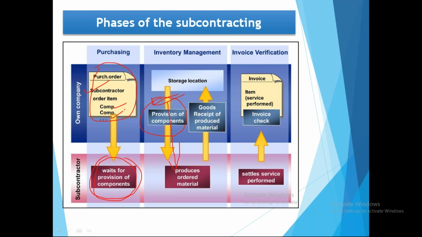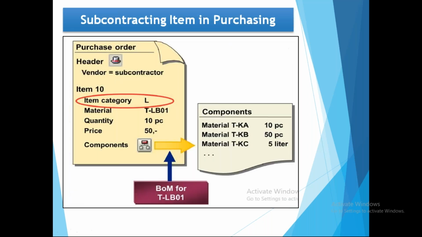Vendor supplier will produce the ordered material, and then he will send the produced material to our premise, our plant. You do the goods receipt. After that, you make the invoice verification and make the payment to the vendor. So here there is one extra step, which is issuing the raw materials to the vendor. So these are the phases in the subcontracting process.